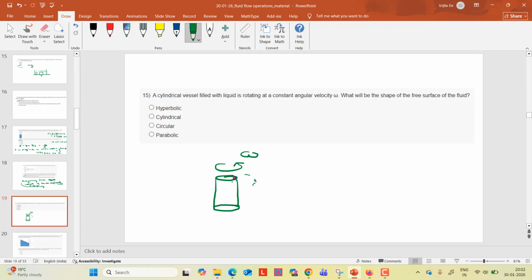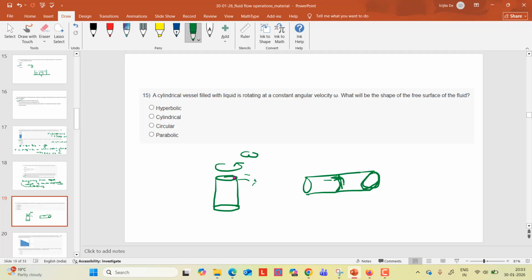So the free surface, if we imagine it like a pipe flow, the fluid is filled and the free surface is this. This is the fluid, suppose the front part of the fluid.